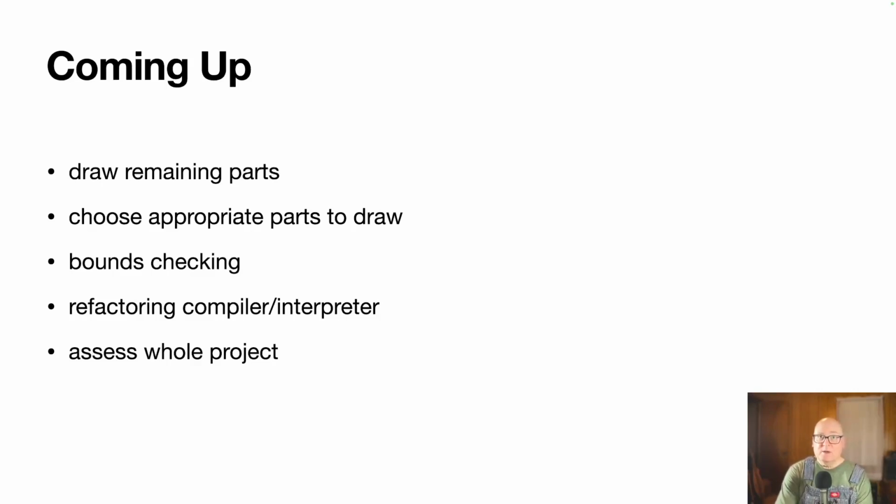One of the things we know is we don't do any bounds checking on array assignments, and at least once we treated a variable as an array and accidentally overwrote some code, which was rather inconvenient. But we know a way to do bounds checking, and I'd like us to put that into the interpreter level. Then we have some other refactoring we might want to do with the compiler and interpreter, and then I'll do a little assessment of the whole project. We're very close to the end.